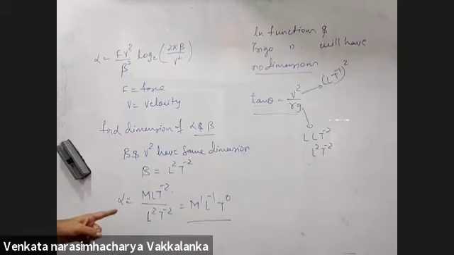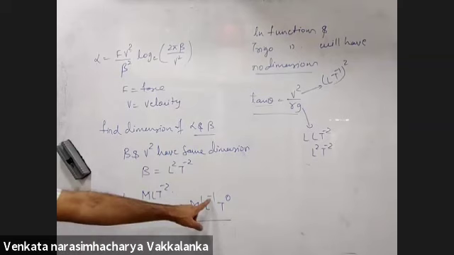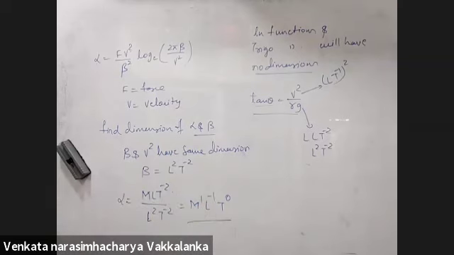Did I do the simplification correct? Yes, sir. I don't know, my notes have plus 1 written, did I make a mistake? Sir, it should be L minus 2, T 2 plus.